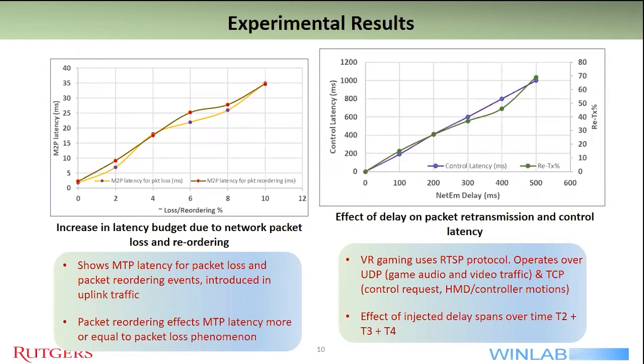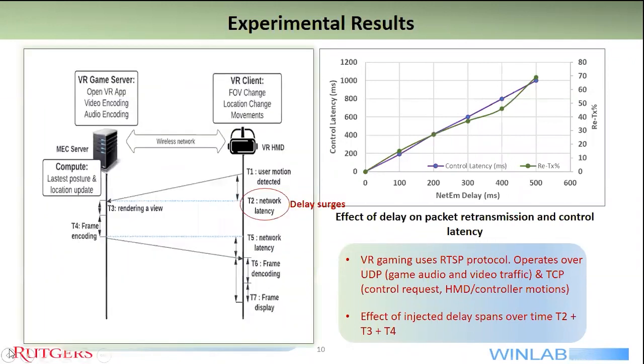And when the audio or video files are streamed over to the client, they are sent over UDP. So when we do this and we introduce this NetEm delay, and by that I mean if there is a surge in this T2 area, so delay surges, what we see here is that TCP times out and retransmission occurs.